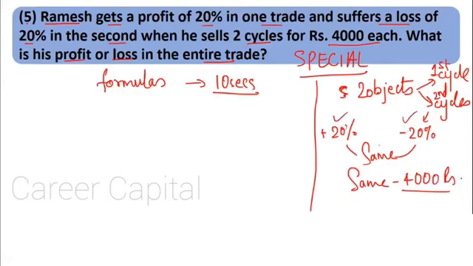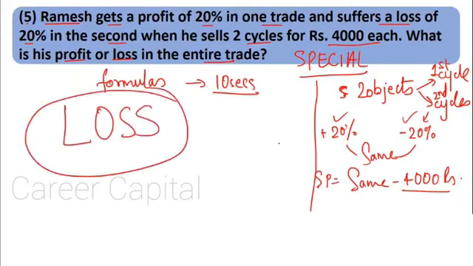When such is the case where the selling price is the same, where the profit and loss percent is the same, always remember, the person will always suffer a loss. He or she will never get profit. Whenever the person does 2 trades, any 2 trades, and in the first trade he gets a profit of some percentage, and the same percentage of loss in the second trade, and the selling price for both the objects is the same, then the person will always suffer a loss.